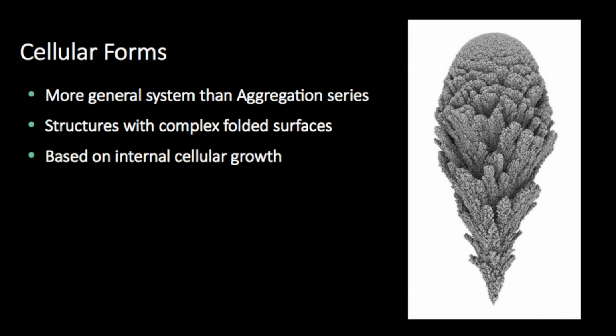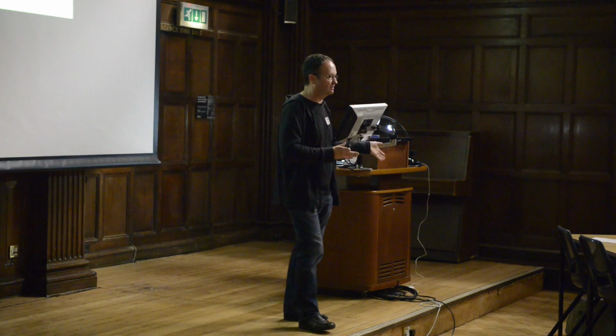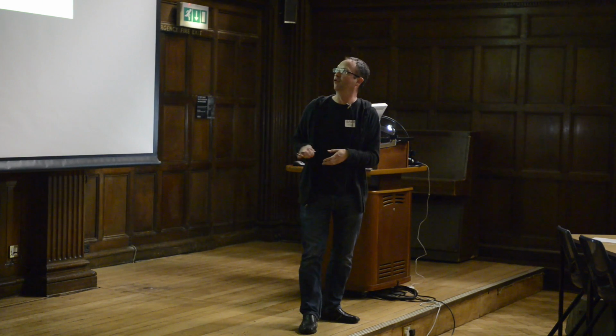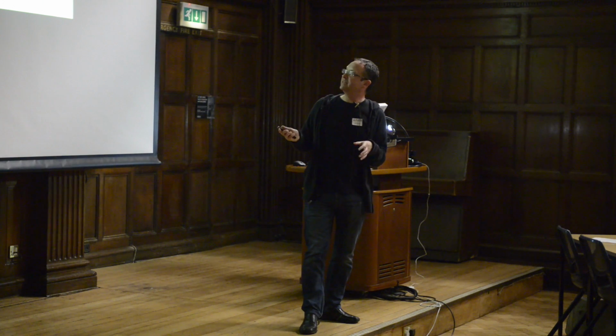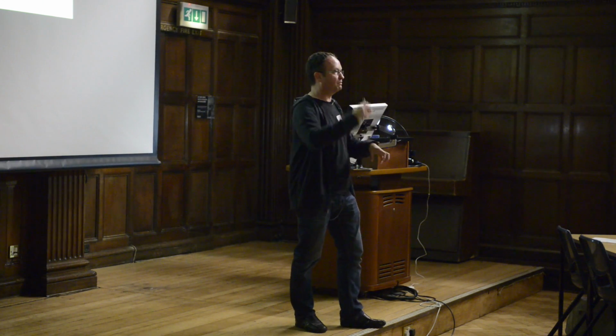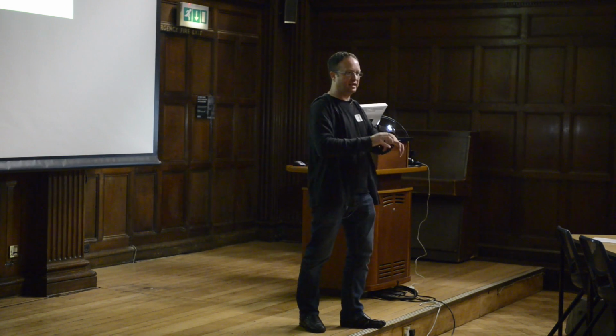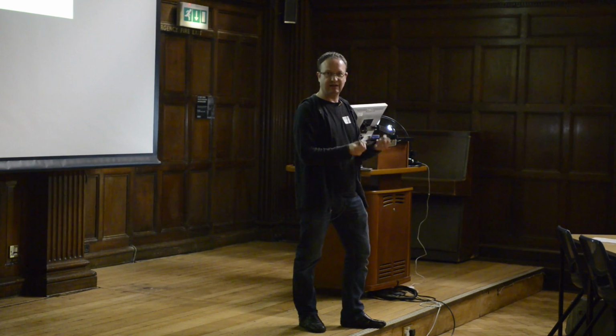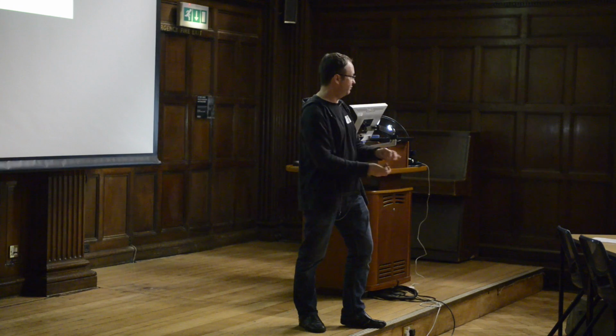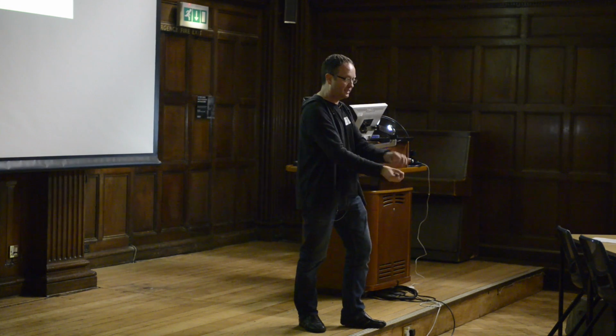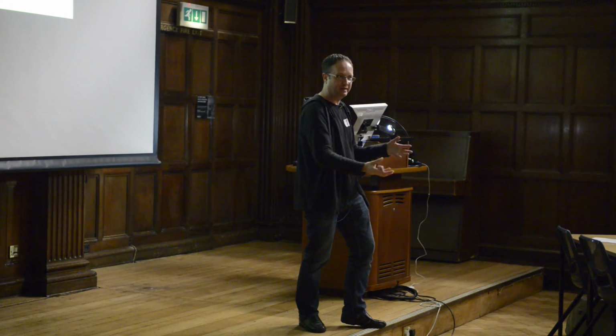So that was very much the thought behind developing what's called the cellular forms. The idea was, instead of depositing things on the outside, have cells growing on the inside. So have internal organs grow by cellular growth of cells deep in the structure, potentially splitting.